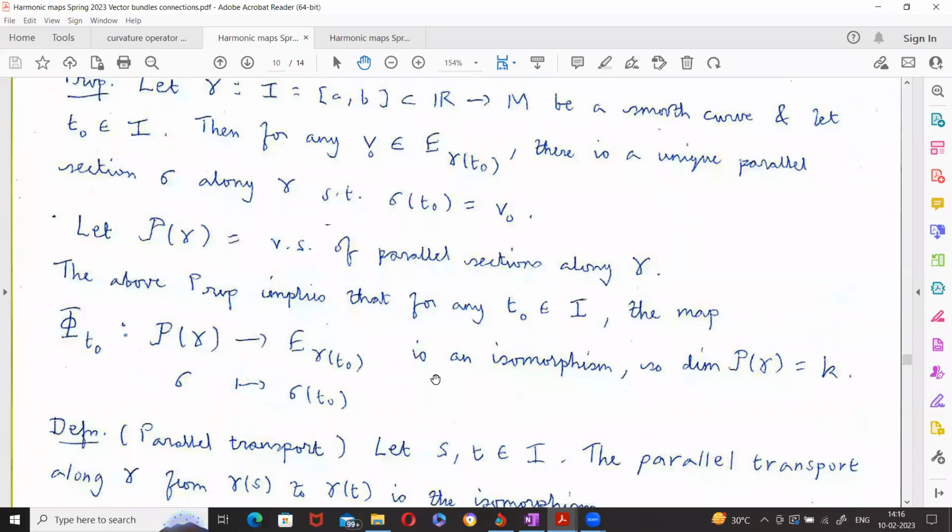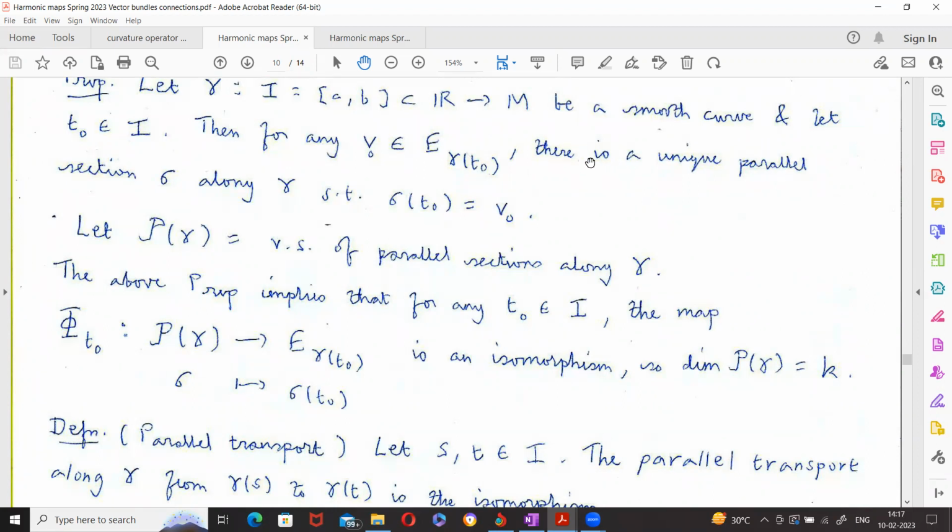Then this map is linear and it is an isomorphism. Because, well, it is onto, because we know that for any element in the fiber, there exists a parallel section whose value at that time T naught is equal to that element of the fiber. So this map is onto, and this map is 1-to-1 because that parallel section is unique, right? Is it clear?